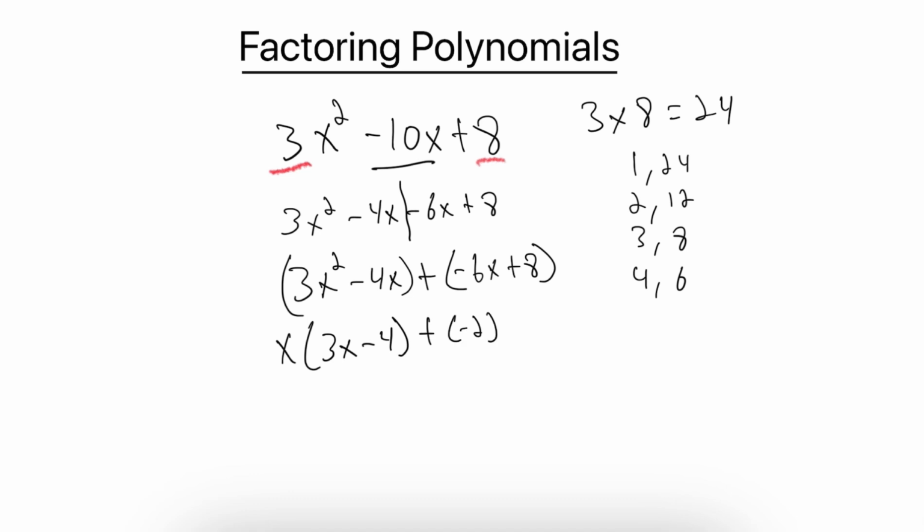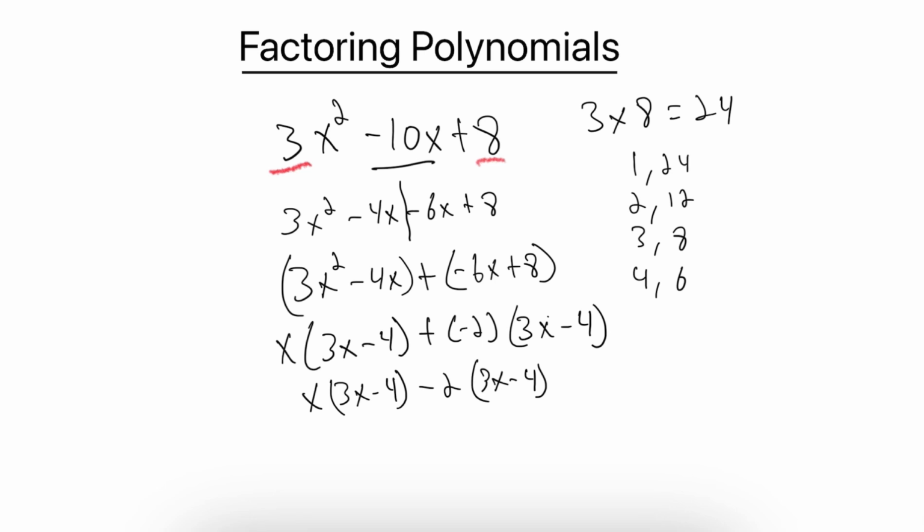Negative 2. And we've got 3x minus 4. So we'll rewrite it. x, 3x minus 4, minus 2, 3x minus 4.